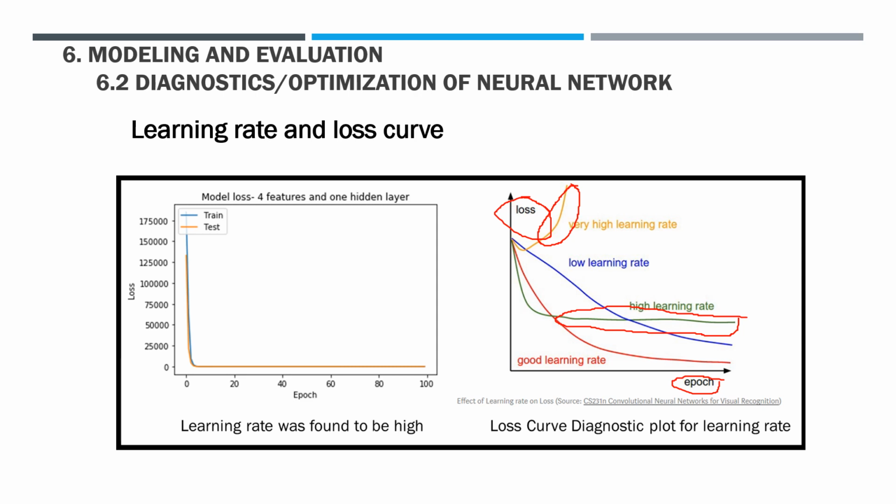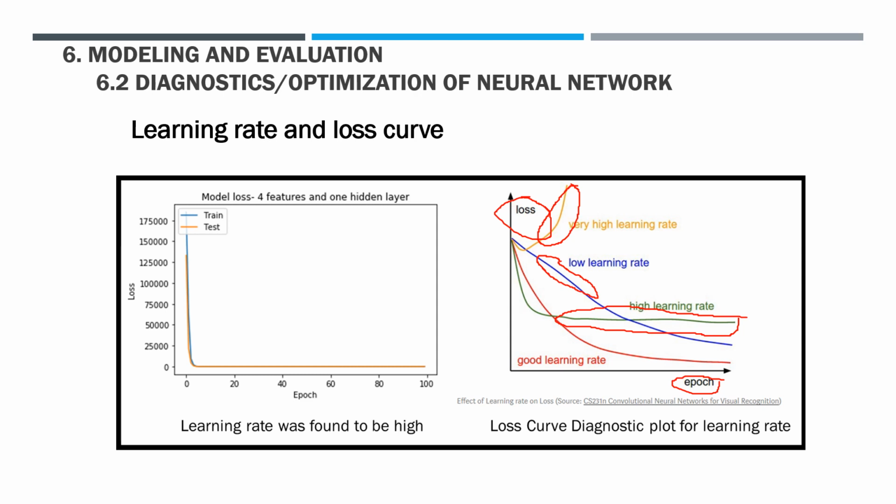If the learning rate is too low, represented by this blue line, you can see that the model will take a long time to run, so you have to increase the number of epochs. And also, it will be very slow to converge to the desired outcome, and that's also not desirable.